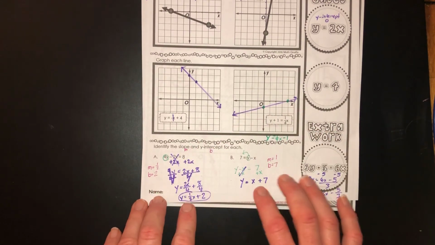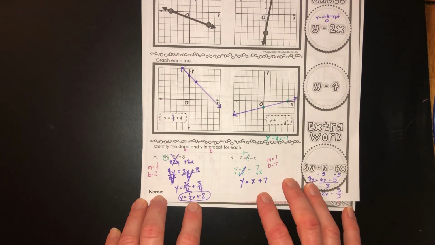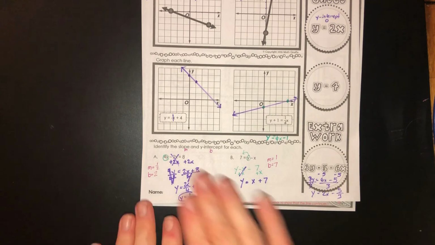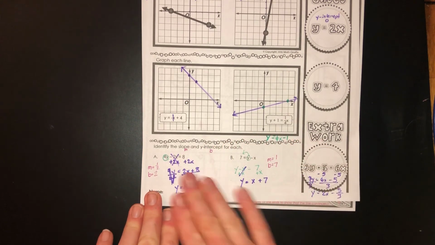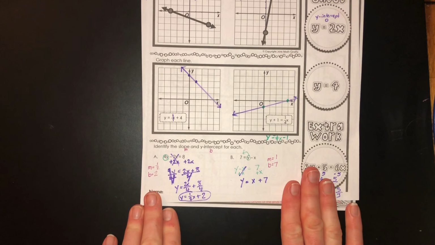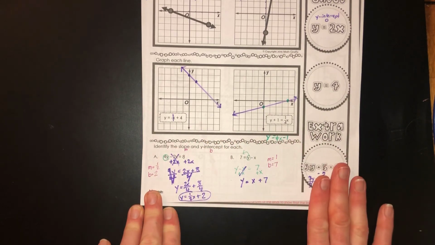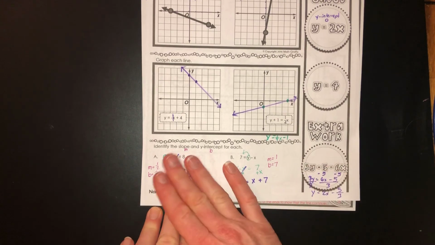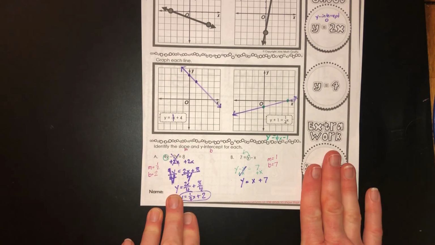That was an example for you of what you'll have to do when they're not in y-intercept form, but I'm not going to give you any that are not in y-intercept form until you've had time to learn how to do this independently on your own. And I know that this was not enough of an instruction for you to be able to do it on your own. So that is not something to stress you out.